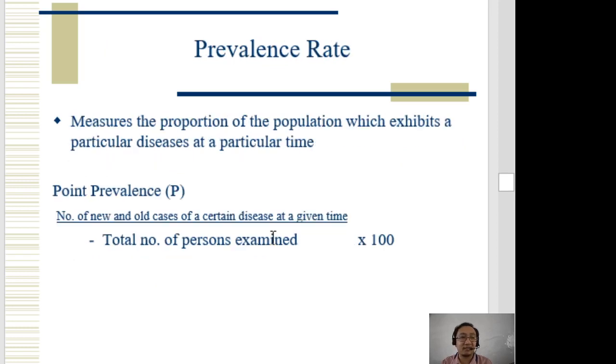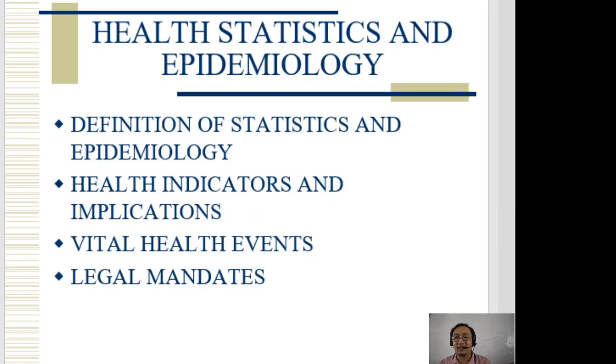So that is the first part of this video lecture, which is about vital statistics. Going back to the objectives or topics targeted in this video lecture, we have finished the definition of statistics, health indicators and their implications, and the vital health events related to the indicators.